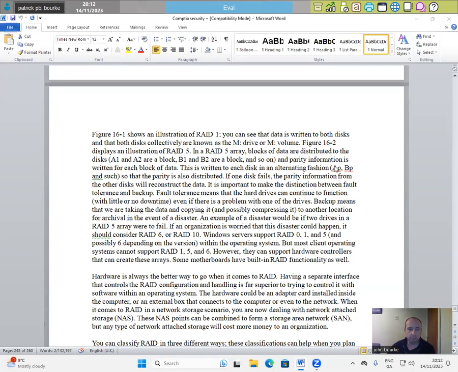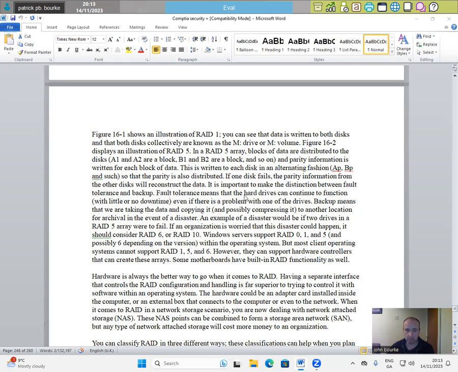And parity information is written for each block of data. This is written to each disk in an alternating fashion, AP, BP, and so on, so that the parity is also distributed. If one disk fails, the parity information from the other disks will reconstruct the data. It is important to make the distinction between fault tolerance and backup.